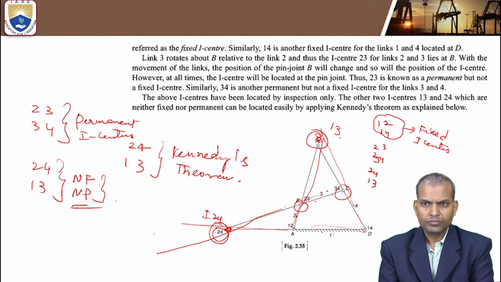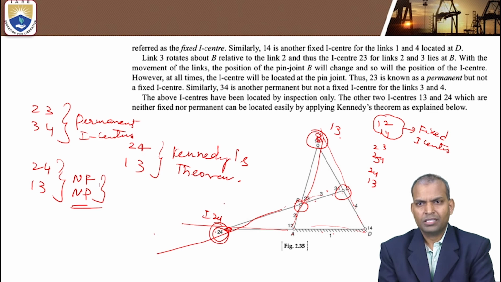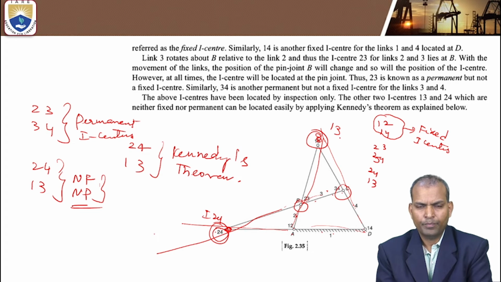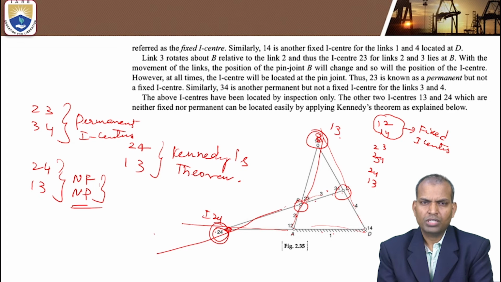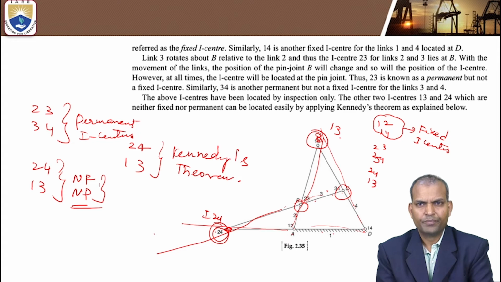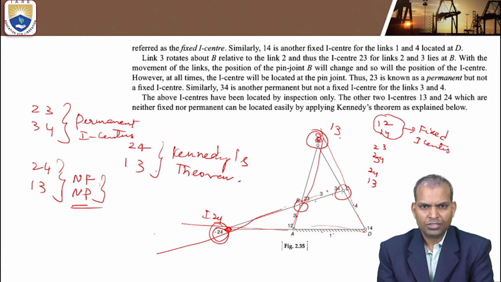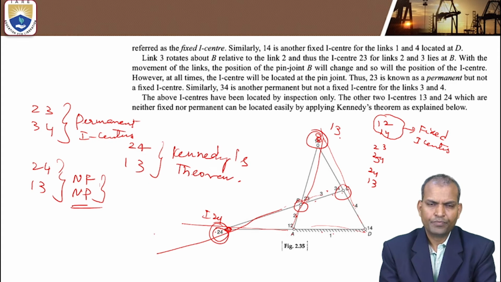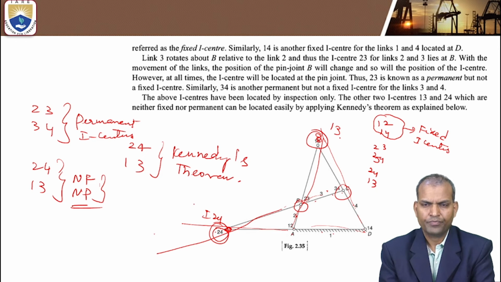One more important concept in this I center is that some of the I centers we can locate by inspection, by visual observation. Those are the first two types. Fixed I centers can be located directly, and permanent I centers can also be located directly.